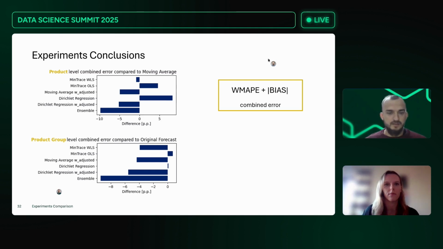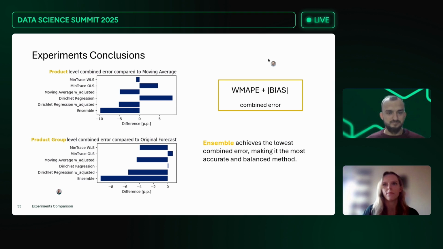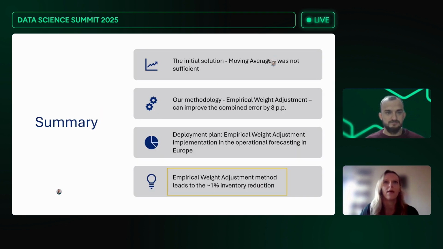So in conclusion, we have decided to implement this in our production environment. Yes, so in conclusion, our initial solution that was implemented several years ago, moving average, was not sufficient. So we explored several reconciliation methods.